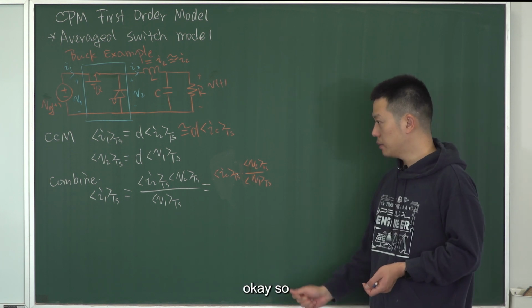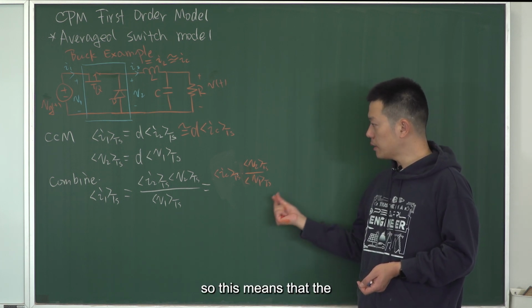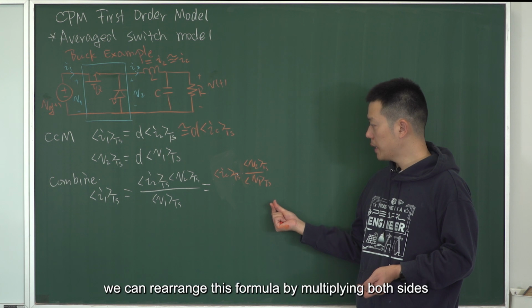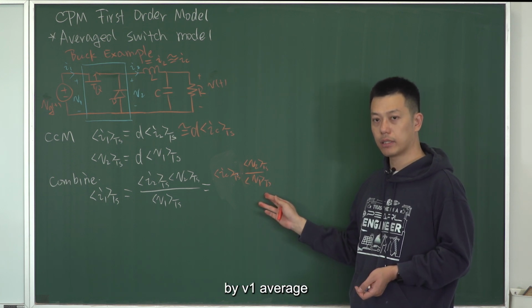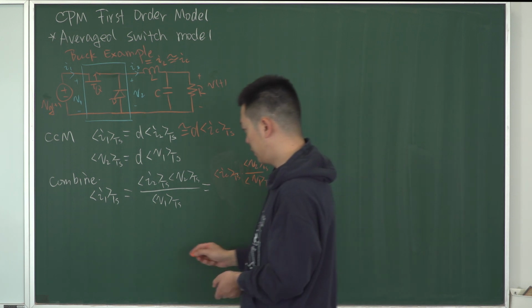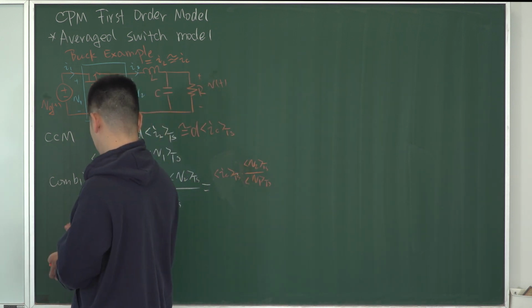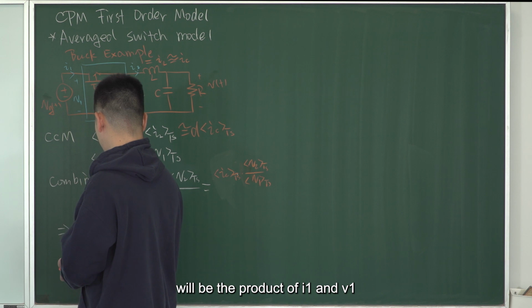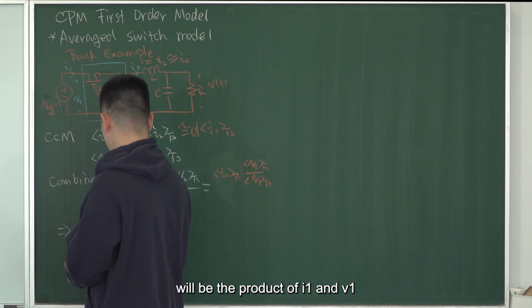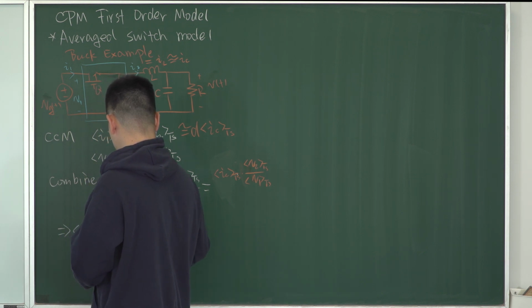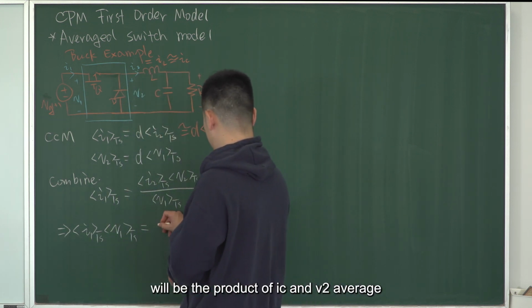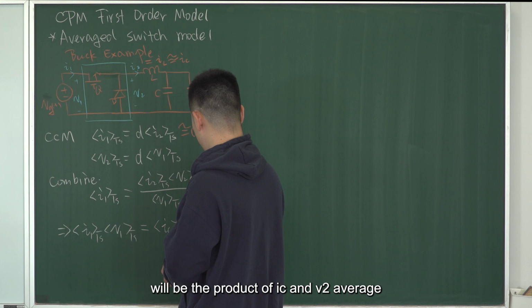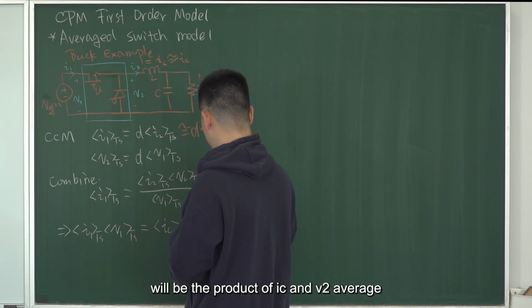Okay, so this means that we can rearrange this formula by multiplying both sides by V1 average, right? On the left-hand side will be the product of I1 and V1. And on the right-hand side will be the product of IC and V2 average.